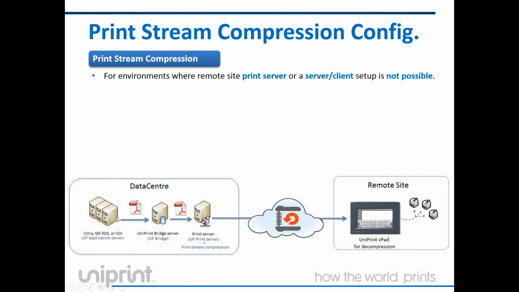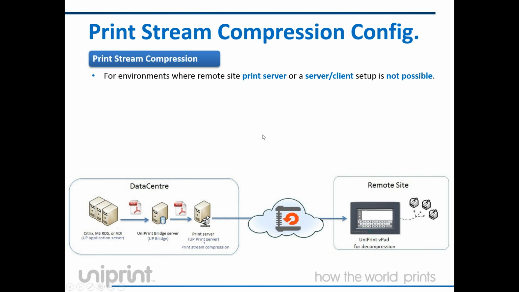Which means in this setup in Suite 7, you compress the job in the data center to the print server, then you spool the job. It gets significantly bigger. The data output from the spooler can be huge, and then you send this mass of data across your WAN link to the remote site. And this just caused problems with bandwidth. Even if you have quite a lot of bandwidth, this is going to really swallow it up.